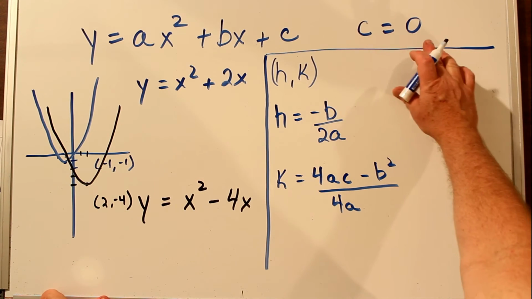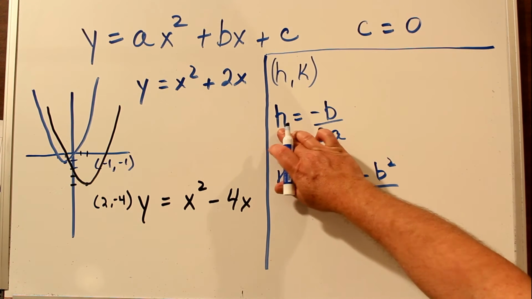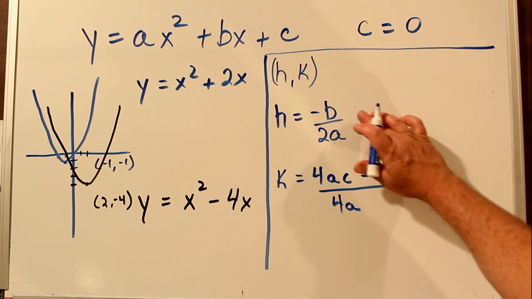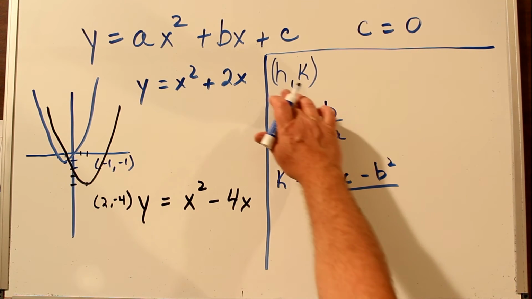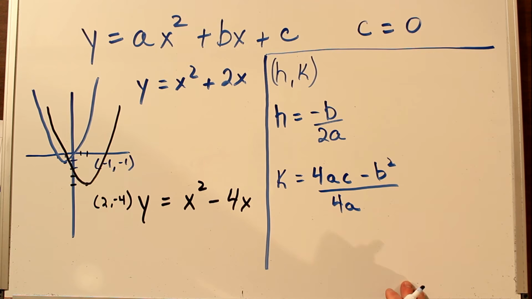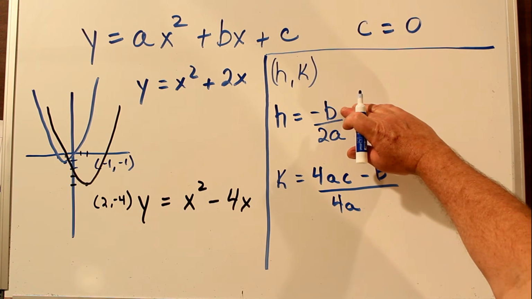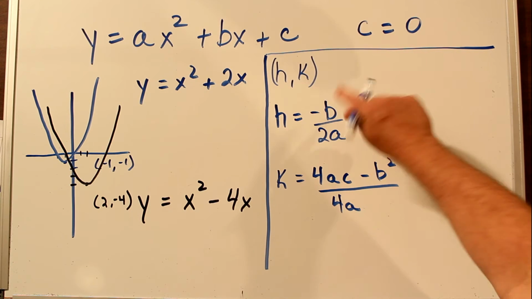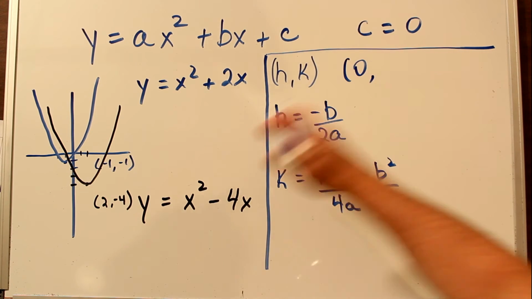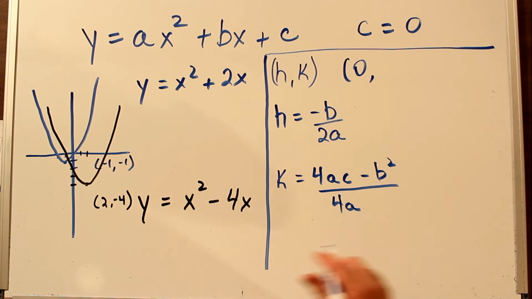Right now we're looking at parabolas where c equals 0. There's no constant term. Well, the h part of hk has no c in it anyway. So the c equals 0 doesn't affect the x part of the vertex. If both b and c were 0, you can see that h would be 0 because the numerator would be 0. So h equals 0. You'd have a vertex somewhere along the y-axis because the x-coordinate would be 0.